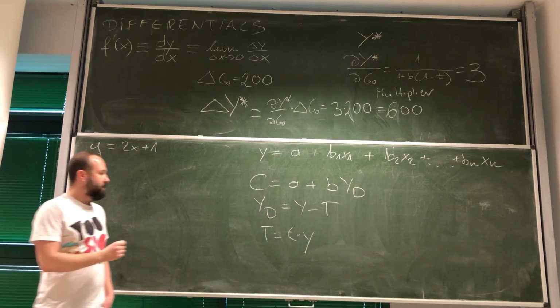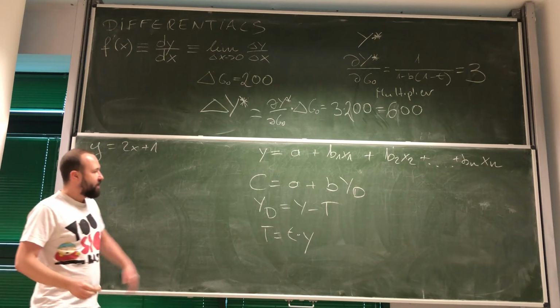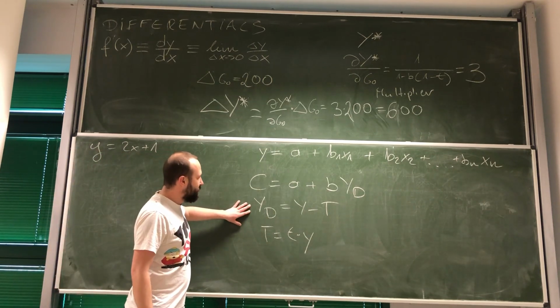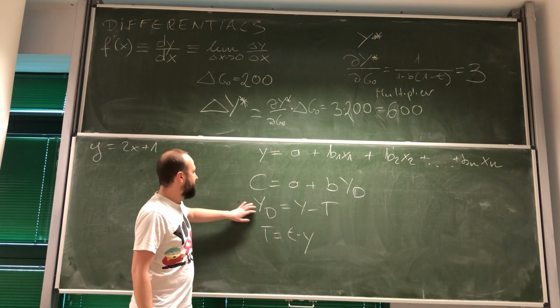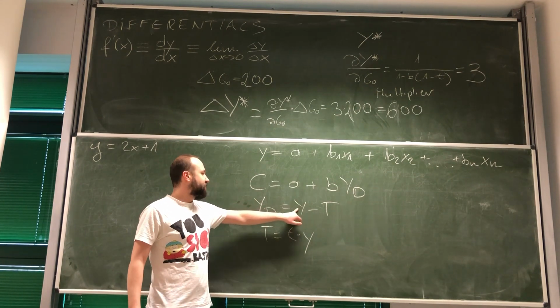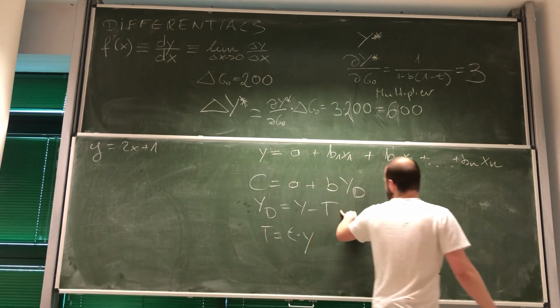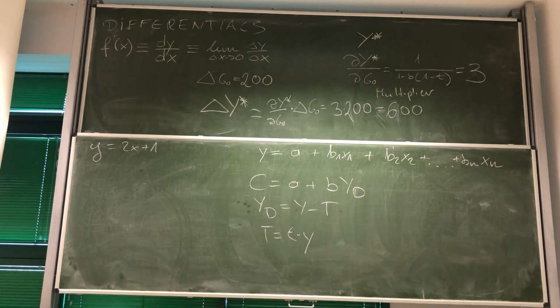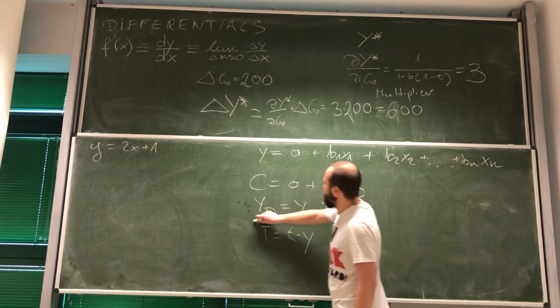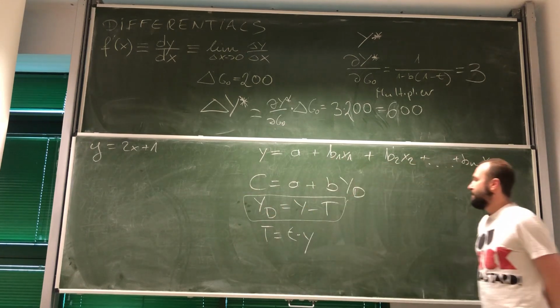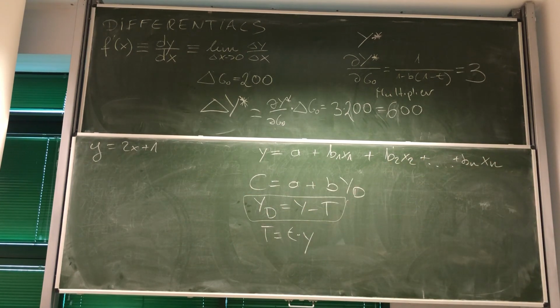Even if we add more to it, we still see linear functions, right? Look here, disposable income is simply defined as the difference between income and tax revenues. Again, this is a three-dimensional linear function.